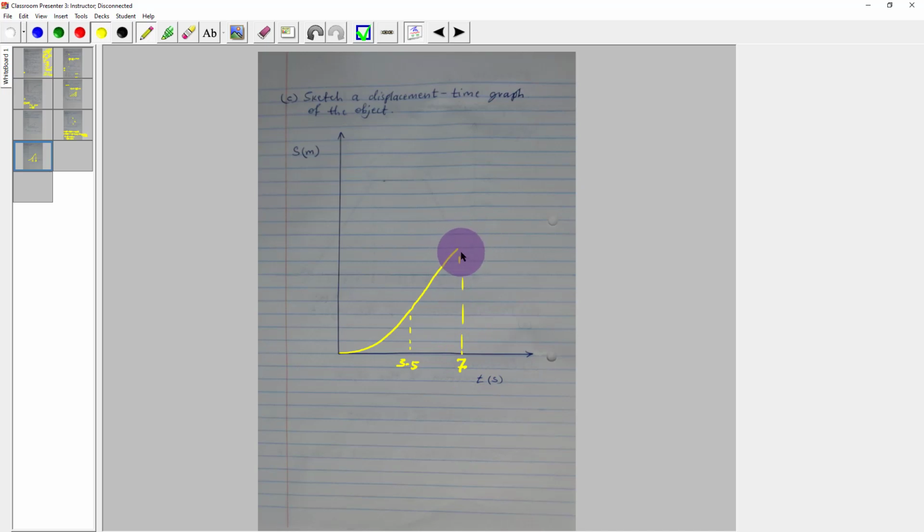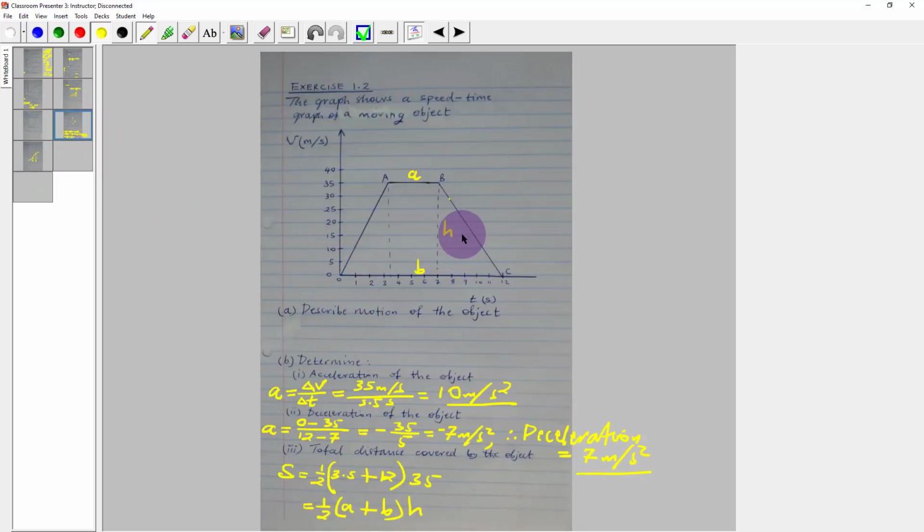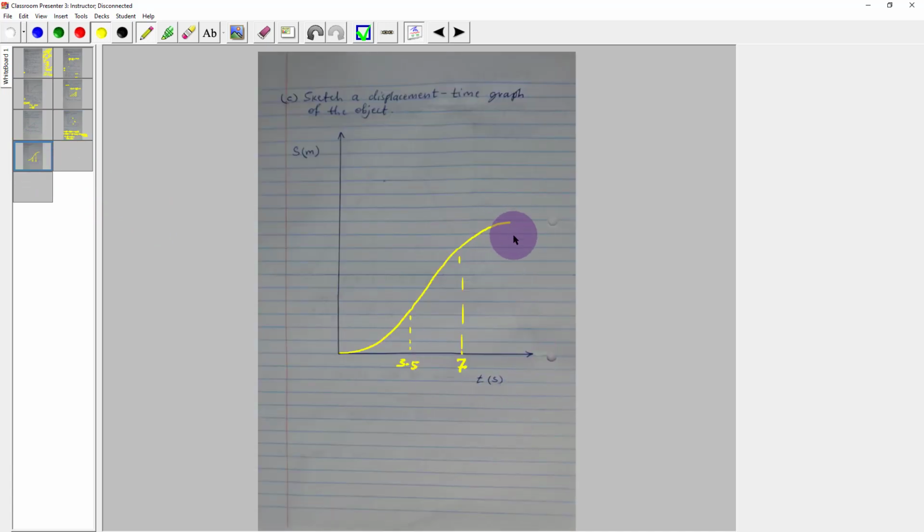And then from there, its velocity decreases to 0 in a further 5 seconds. So we add 5 seconds in order now we can get 12. And then that's it. It comes to rest at that particular point.